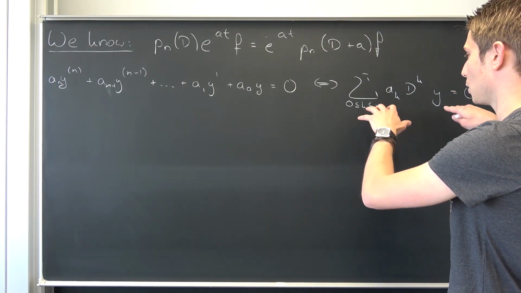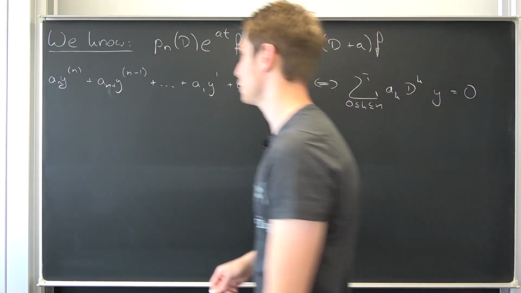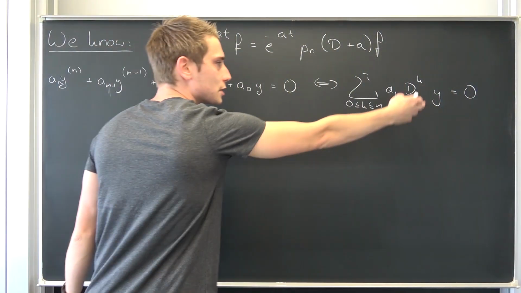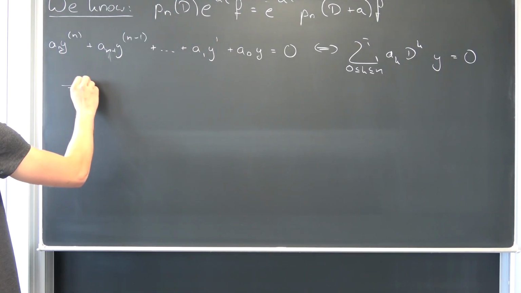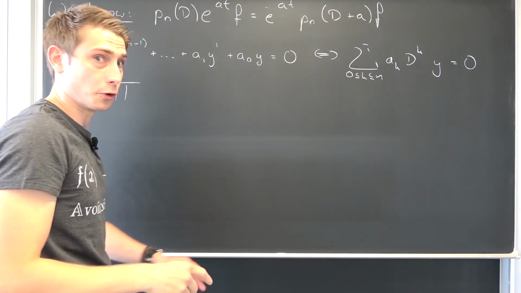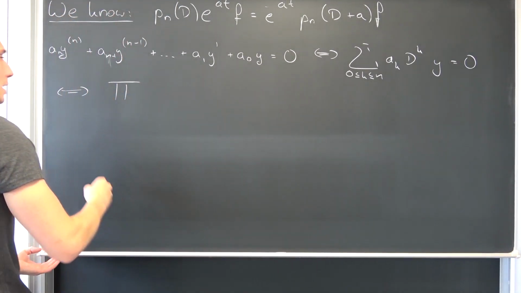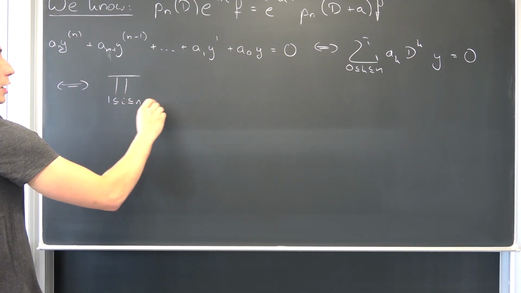So what we can do, we can turn this thing into something completely equivalent. If we were to know all the roots of this nth degree polynomial in our D operator, we can rewrite this as a product. We have an nth degree polynomial, meaning we are going to have n roots, starting from the first root, I'm going to put an i right here, to n.